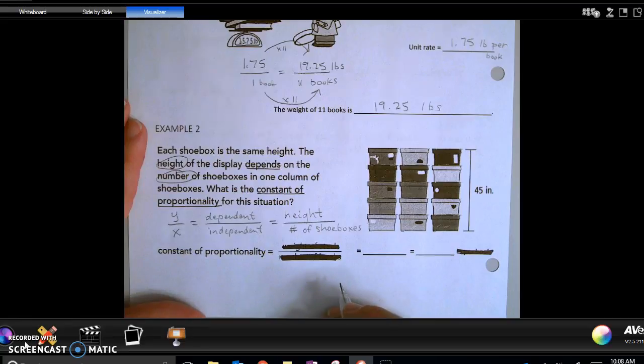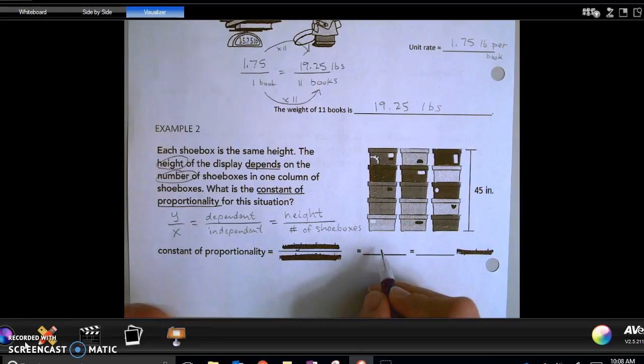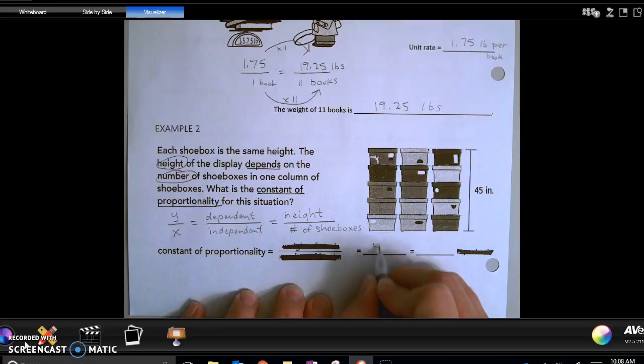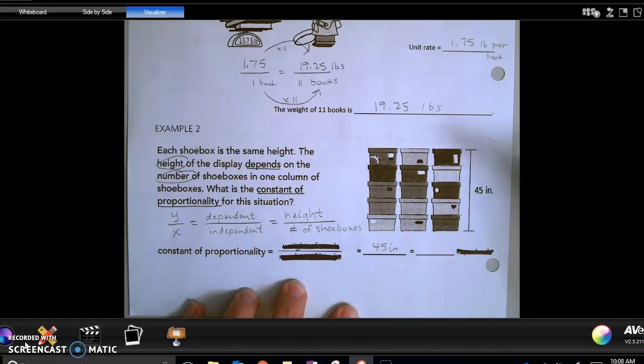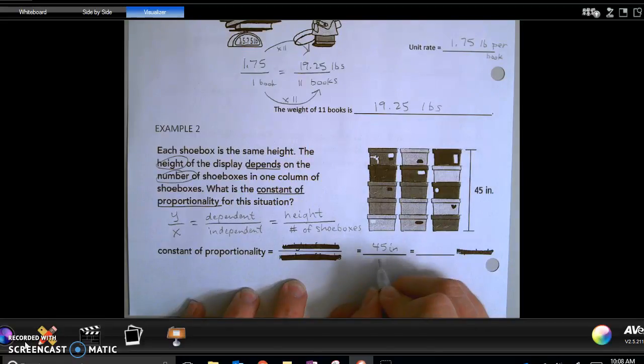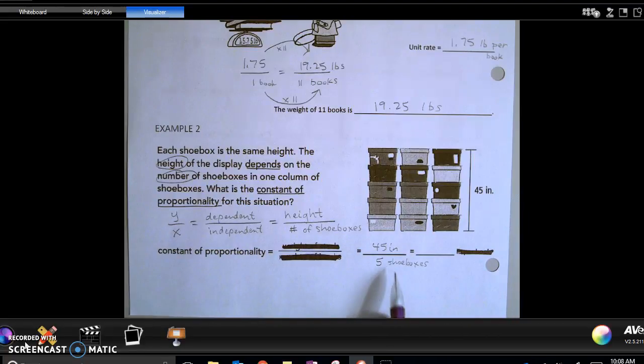So let's go ahead and substitute in here. I know the height of the stack is 45 inches, and the number of shoe boxes in each stack is 1, 2, 3, 4, 5. So now I have my constant of proportionality, but it's not yet in lowest terms.